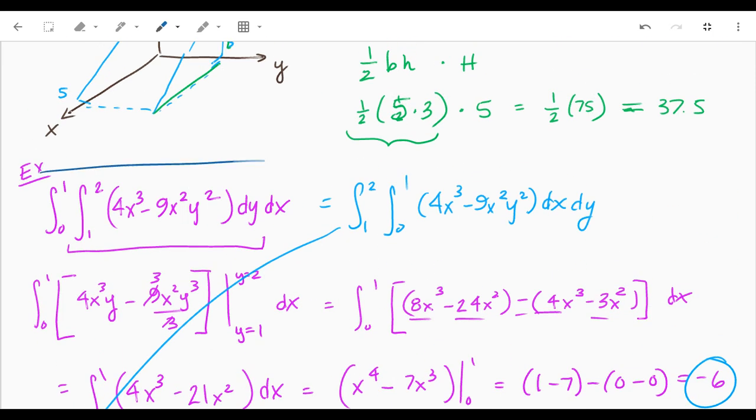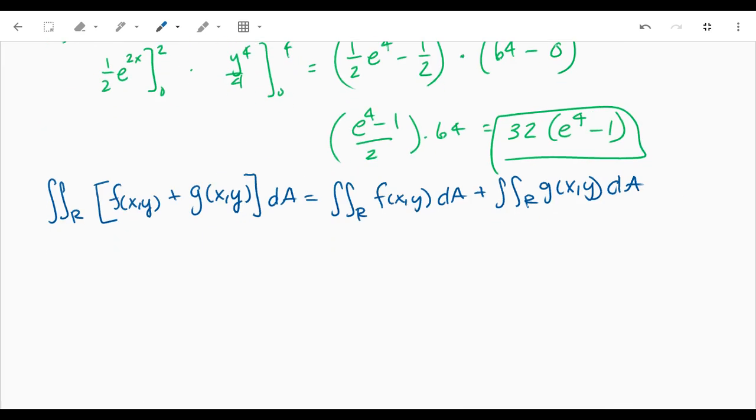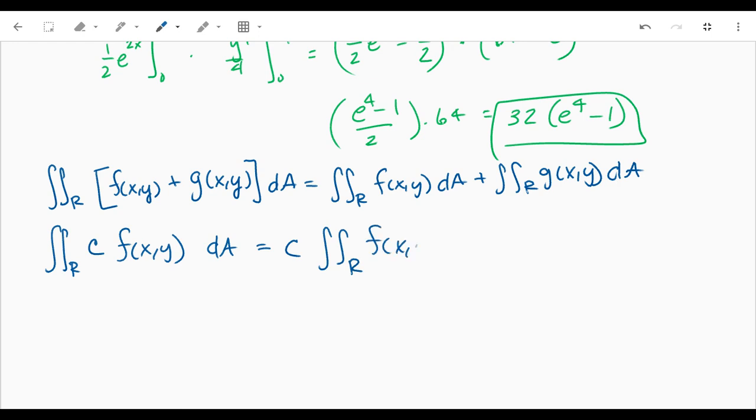When we did this one, we could do your double integral of 4x cubed and then subtract the double integral of 9x squared y squared. You could. There's not much of a reason to do it. It's more likely you go the other way, right? If you have a constant out front, it's a good idea to take that constant out front, just like single integrals.